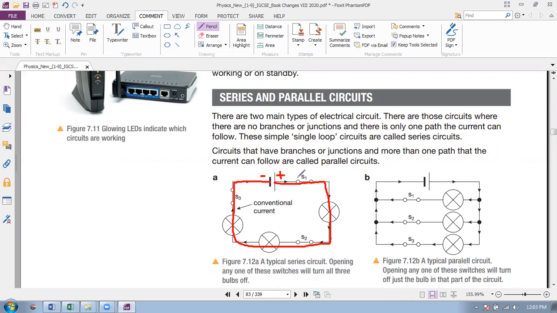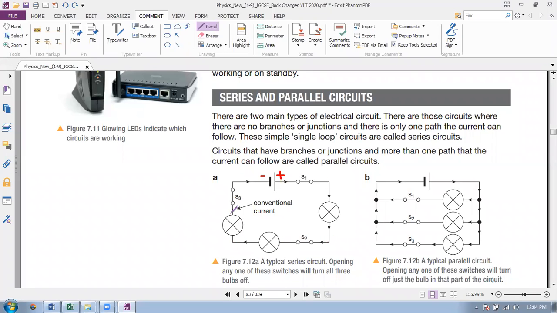In a single loop, all the devices or components are placed, and this is called a series circuit. I repeat once again, current comes out from the positive terminal of the cell and through the wire. These lines drawn are wires.